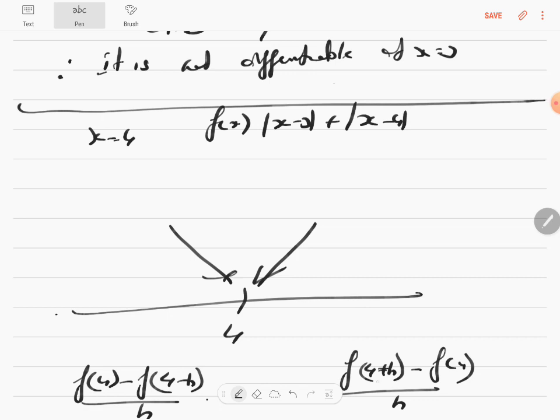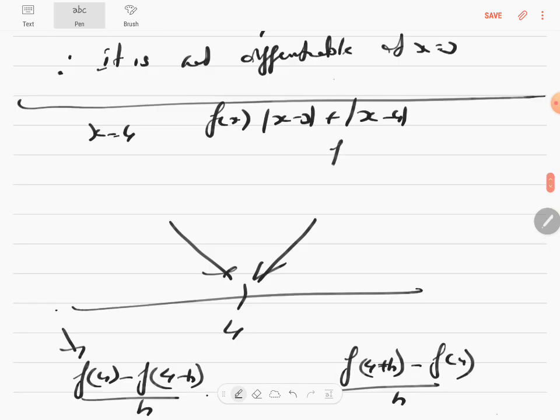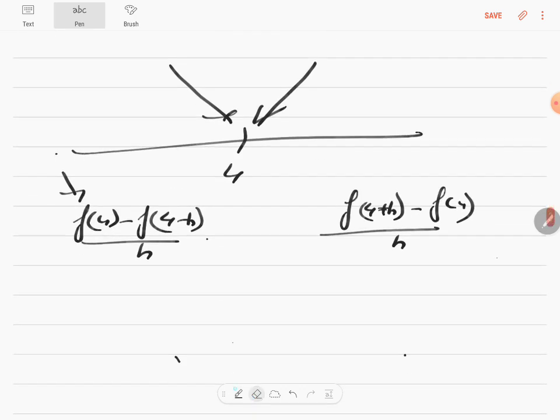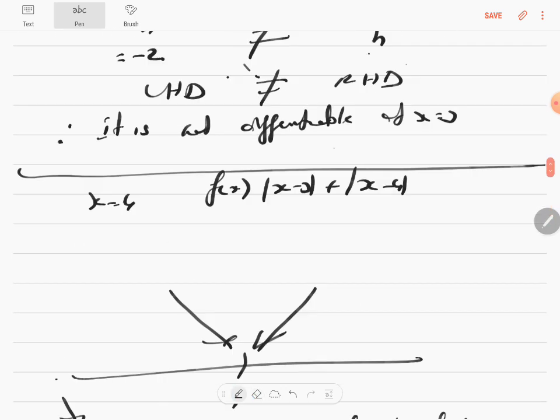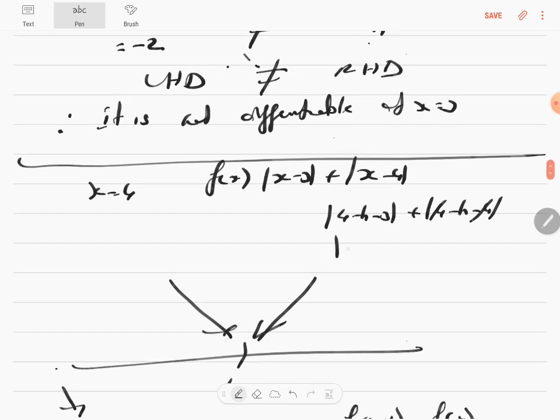Supposing you want to find f of 4. What is f of 4? f of 4 is mod of 4 minus 3 plus mod of 4 minus 4, which itself is 1. So then write here 1 minus f of 4 minus h, which is mod of 4 minus h minus 3 plus mod of 4 minus h minus 4. The 4 and 4 get cancelled. This will become mod of 1 minus h plus mod of minus h.